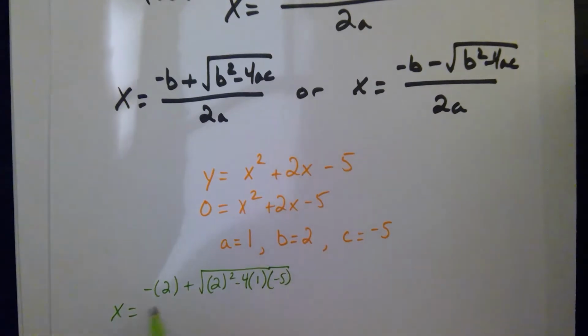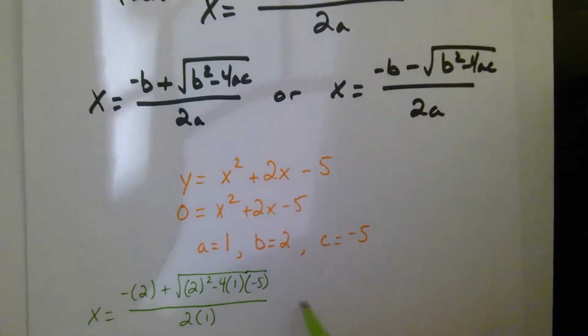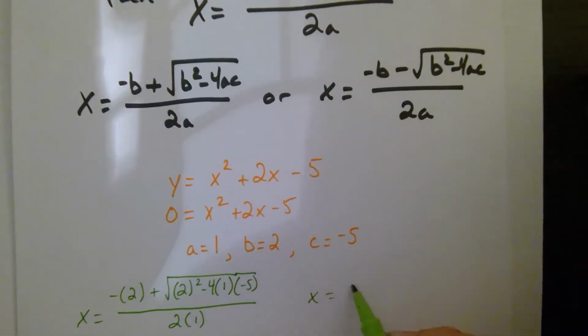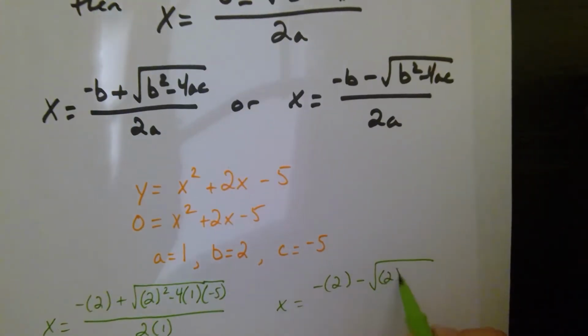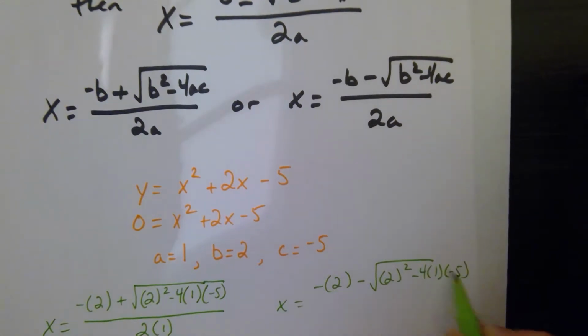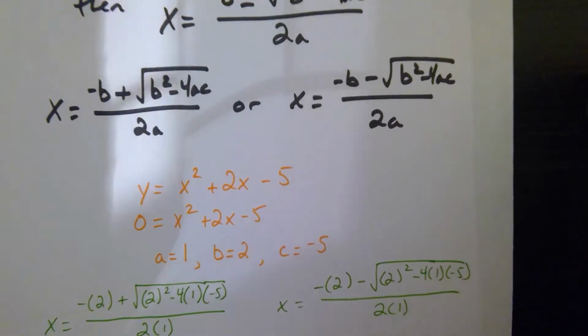Notice how everything is in parentheses. All over 2a. And then we have the other one. Negative 2 minus the square root of 2 squared minus 4 times 1 times negative 5, all over 2 times 1.